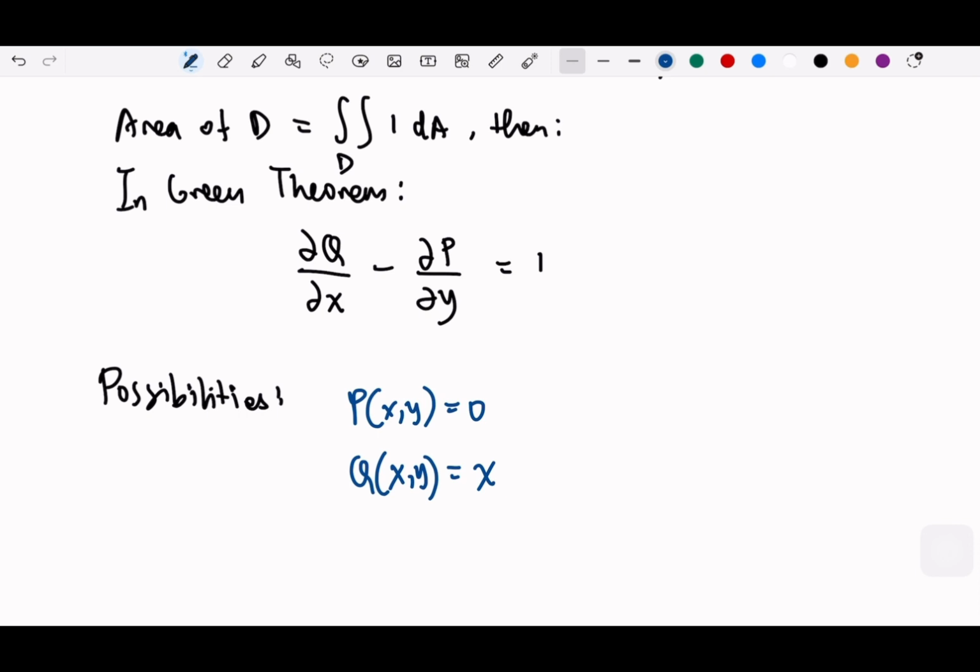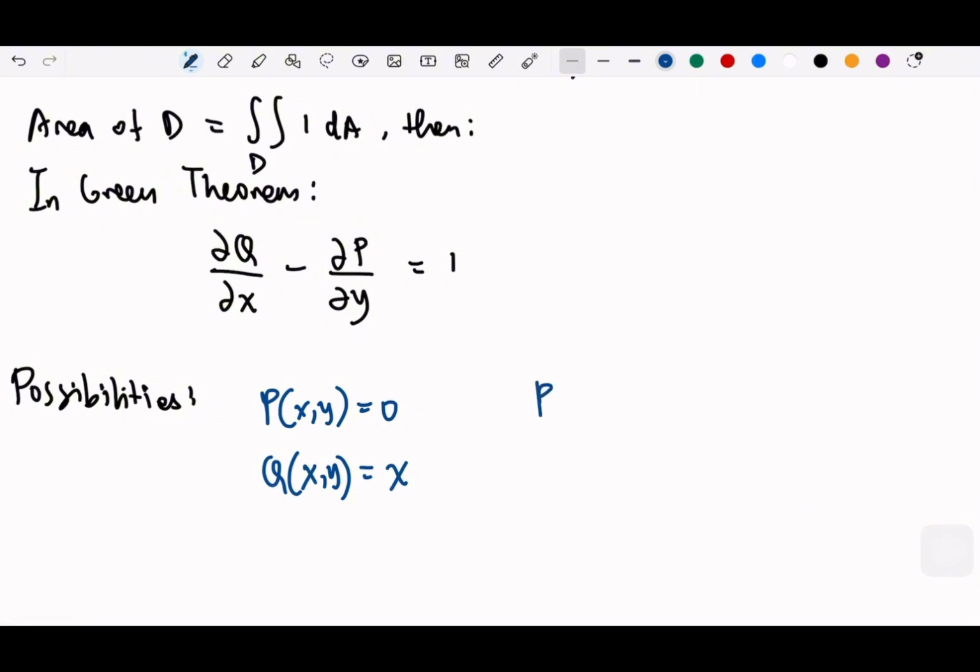Okay, because when it's partially derived with respect to x, it becomes 1, right? So we can have that. Or we can have P as negative y, because when it is multiplied by the negative it becomes 1, and Q will be 0.